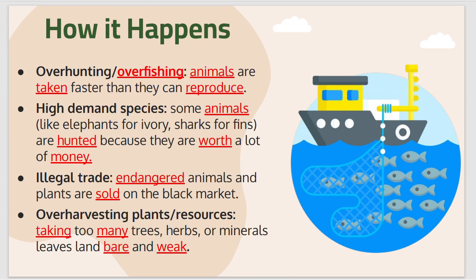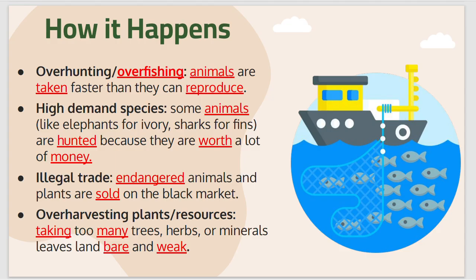How does overexploitation occur? So some big ones again. This list is not all exhaustive. There is more than just this of how it occurs, but here are some big ones. Overhunting or overfishing. This is when animals are taken faster than they can reproduce. So overfishing is when we are fishing way more than is available in our water systems.